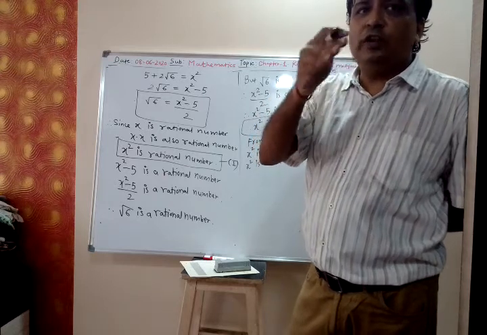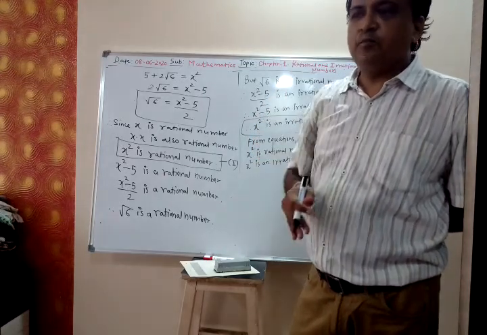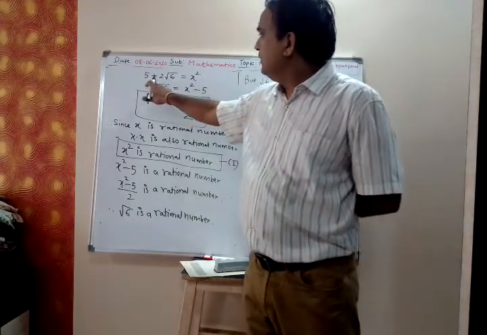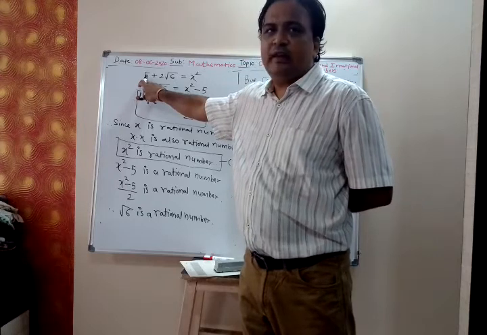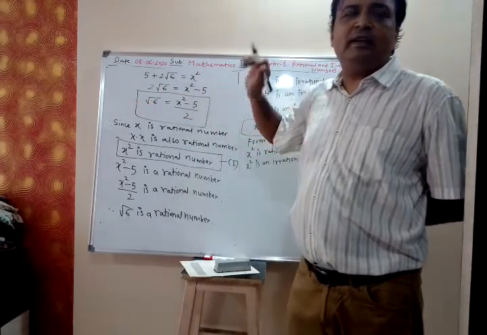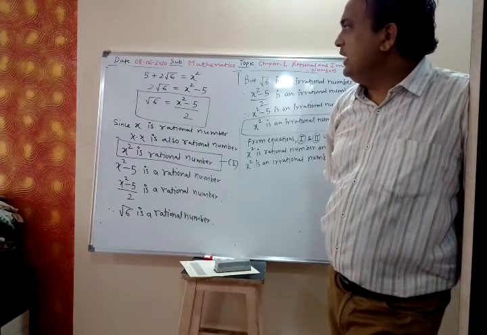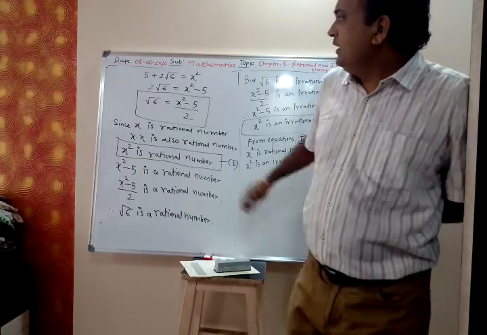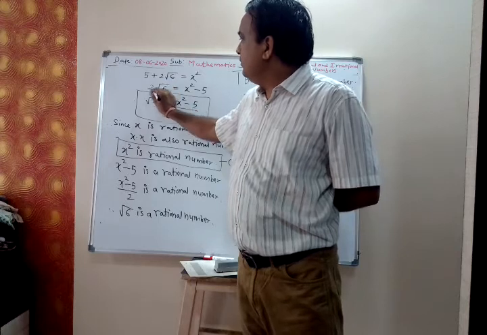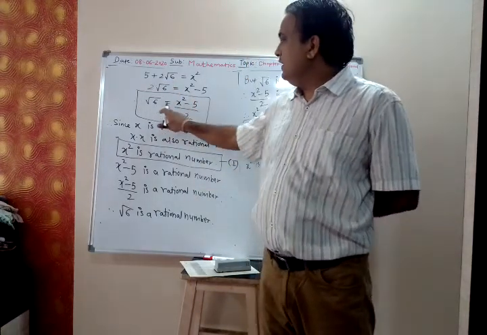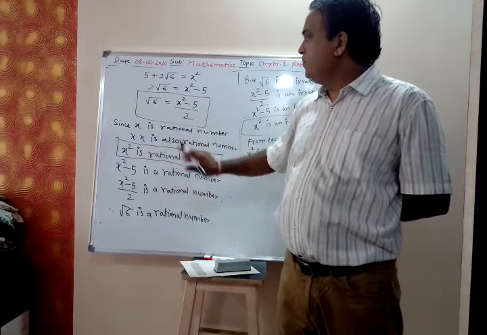But there is no need to take square root. Sir, explain it properly. No, there is no need to take square root. Listen properly, sir is explaining properly. We are just taking 5 on the other side, plus becomes minus. Keep quiet. Plus 5 becomes minus 5, and there it is multiplication, we divide by 2. So we get root 6 as x square minus 5 upon 2.